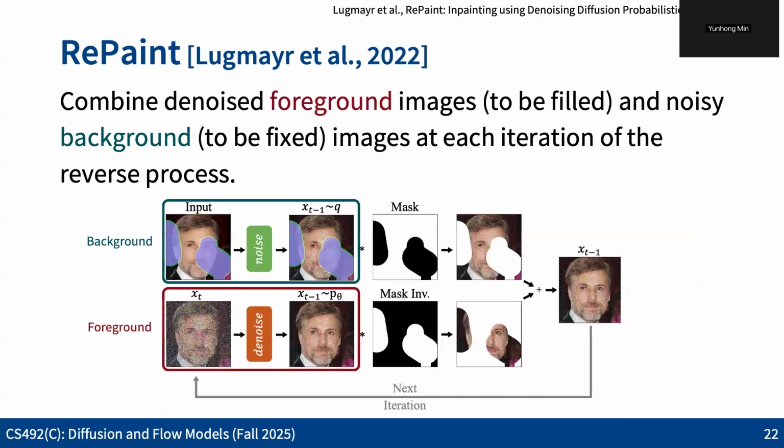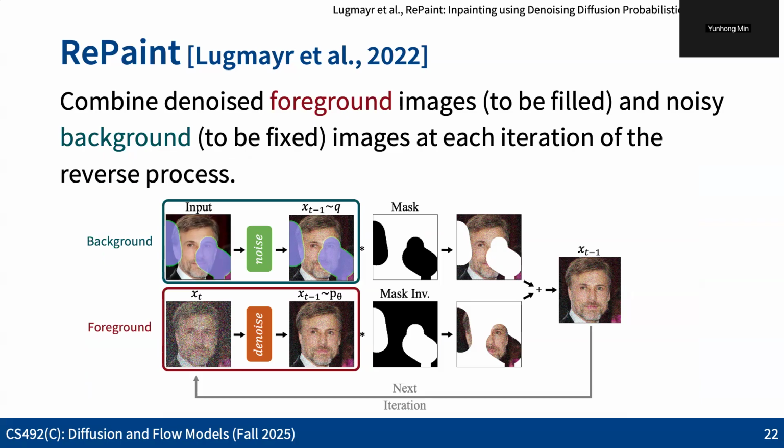So the basic idea is that we are performing the denoising process for the foreground region. Let's say this foreground region is the region that we are going to fill, and this background is the region that we want to preserve from the input.